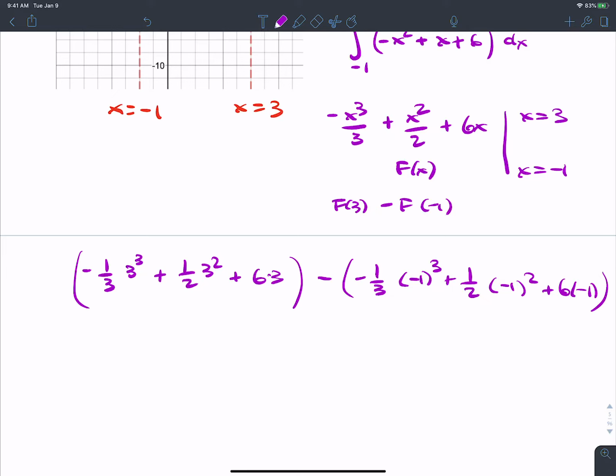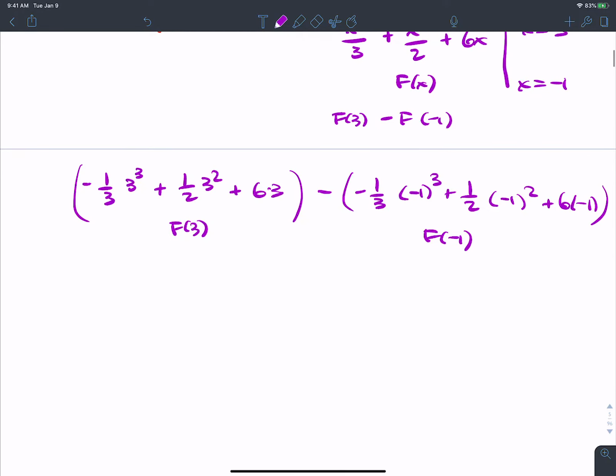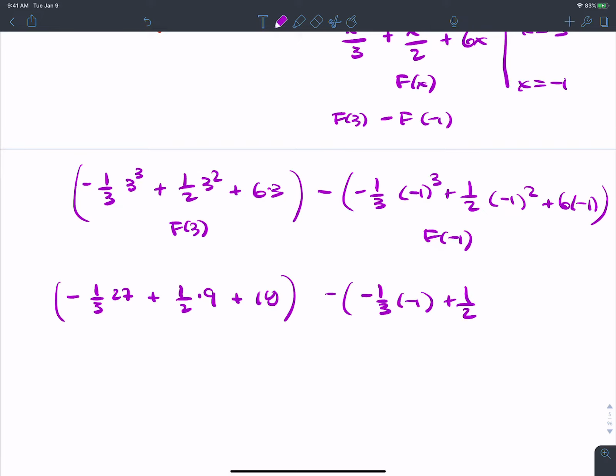So double check to see if we actually have the right thing, right? We have f of 3, f of -1. Is that what we have here? Are we okay? Do you guys know? So it looks like this is -1/3. I'm not going to simplify in my head. Let's write this down. 27 plus 1/2 times 9 plus 18. That's in the first set of parentheses. -1/3 times a -1, right? Plus 1/2 times 1 minus 6.